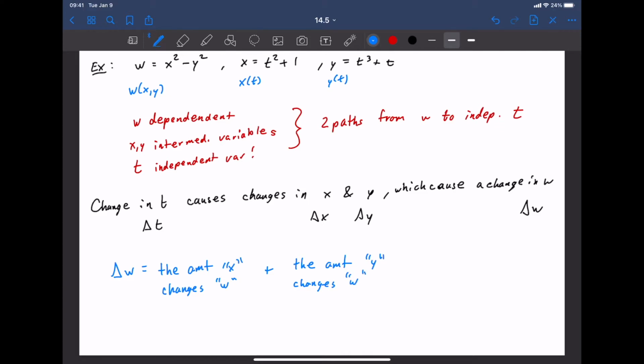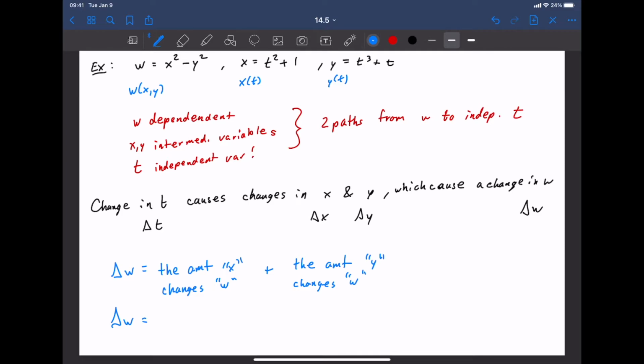And the reason we're writing that out is because it's kind of hard to write down until we start thinking about it. How do we get the amount that x changes w? What kind of quantity is that talking about? This should sound very familiar from the differential section.